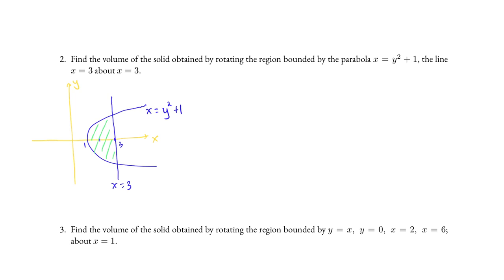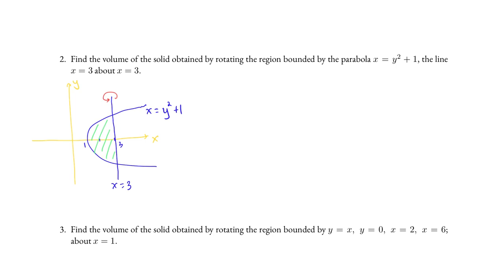Per the problem, we then take this region and we rotate it about the line x equals 3, which is a vertical line. And when we rotate this region about the line x equals 3, we form a solid. We're interested in the volume of this solid.